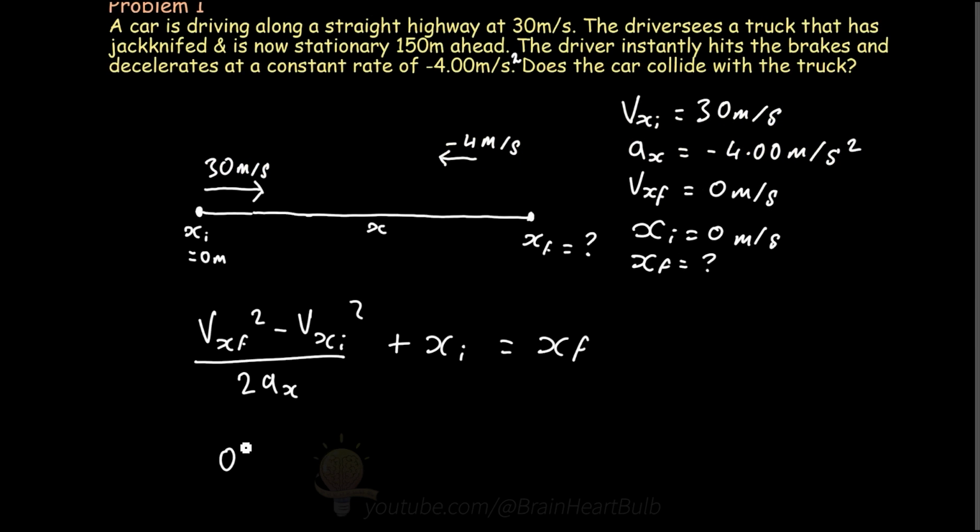So we have 0 squared minus 30 meters per second squared, divided by 2 times the acceleration. And remember, the acceleration is negative here because we're braking, we're slowing down, plus the initial position, and we've set that to 0.